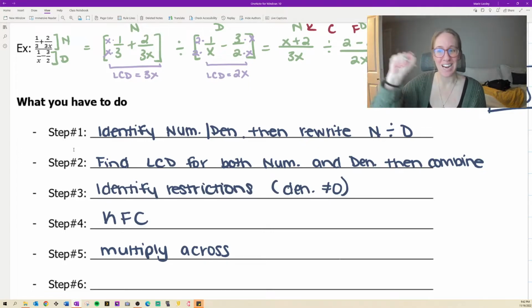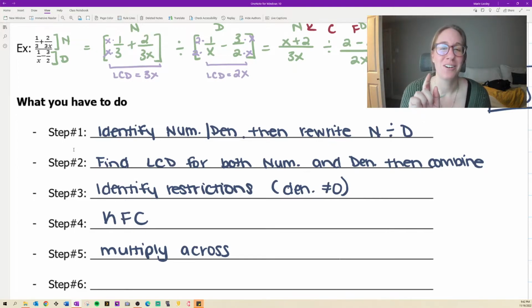So just draw an arrow, or renumber the steps. You want to check for restrictions before you do the keep, change, flip thing, because you want to make sure you have the right denominator. Because then your denominator changes, so you want to do it first. Next up, and last but not least, is to simplify.